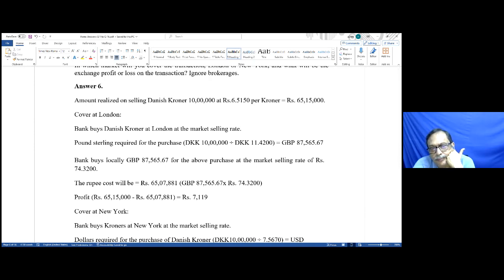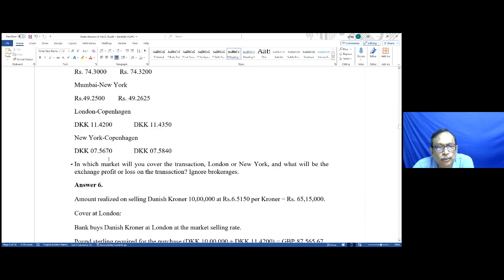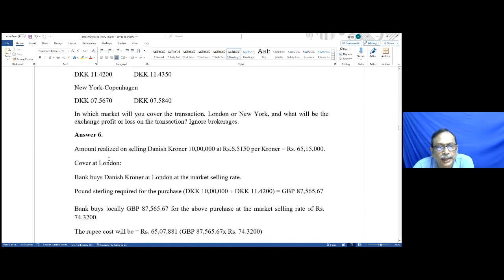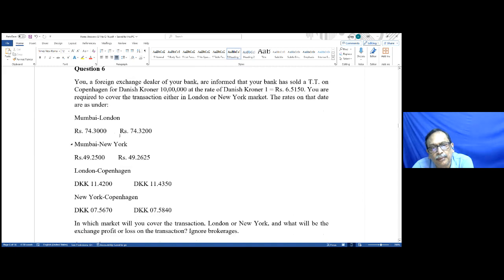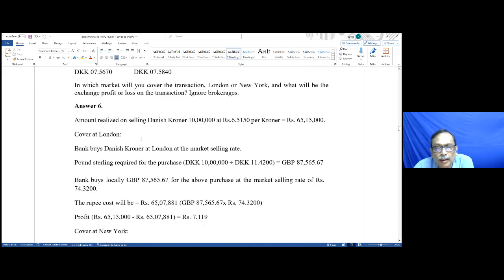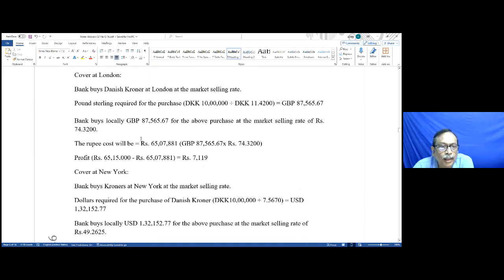So bank buys locally Great Britain pound 87,565.67 for the above purchase at the market selling rate of rupees 74.3200.